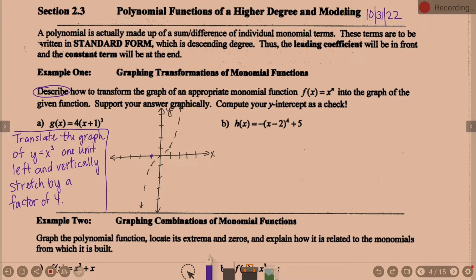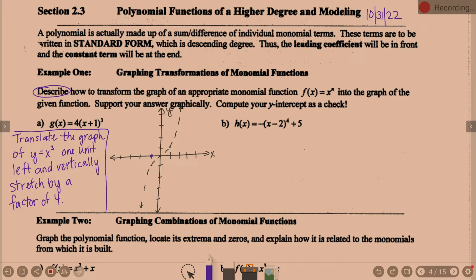Now, this other point, 1, 1, from that centering point goes right 1 up 1, yes? But what happens when we stretch by a factor of 4? We talked about that last week. How do we vertically stretch something? Okay, but I need a specific point here to make this skinnier. Not the x, the y.